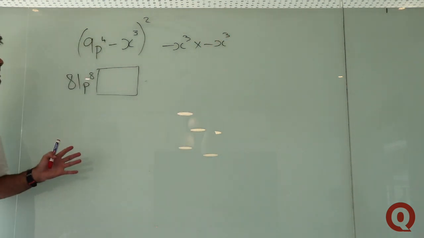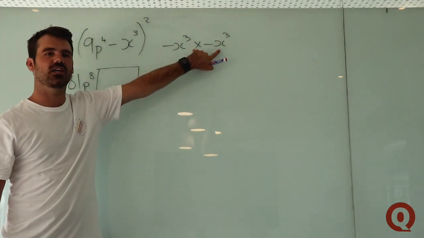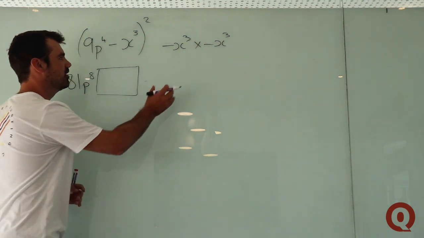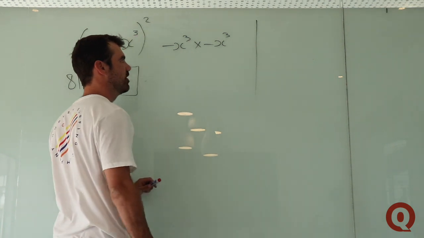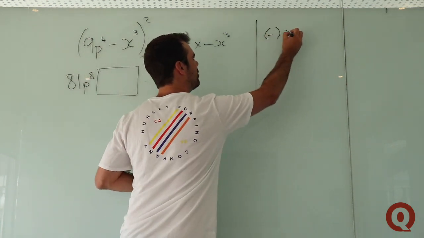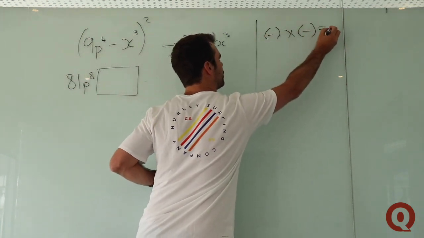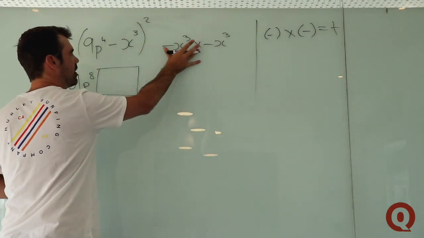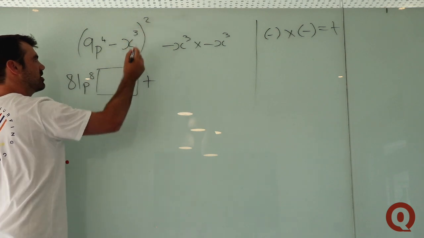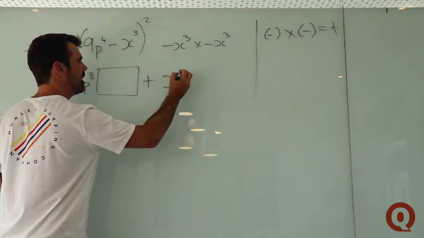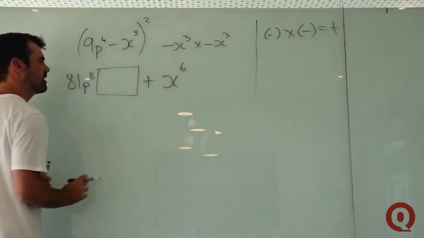Now one thing that I like to point out is, before we get to the multiplication of our variables, let's first deal with the signs in front. Based on the rules that we learned when we were doing integers, a negative multiplied by a negative is going to give us a positive. So let's first work on that. So we know that our answer is going to be positive. X cubed squared will land us with x to the power of 6, because 3 times 2 is 6.